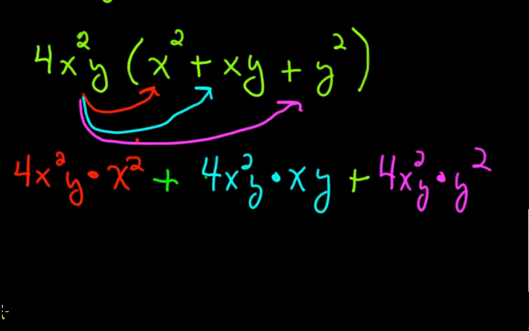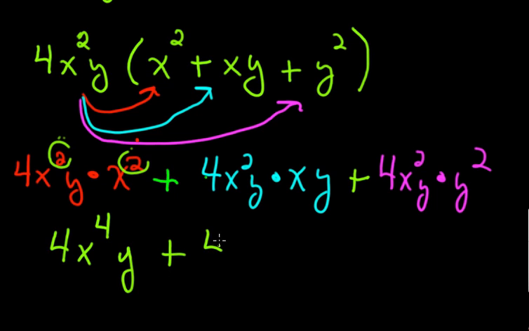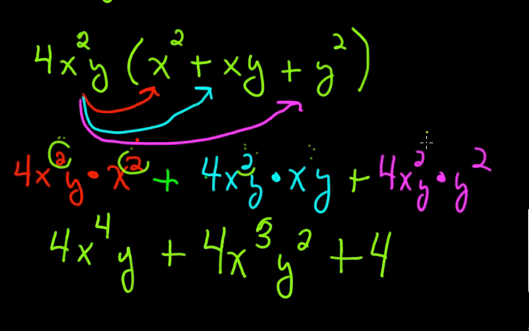See, I'll get this color thing down. 4x, now I only have two x terms here, they're both squared, so my exponent rule, x to the fourth, and a single y, plus 4, I have an x and a single x, that's x cubed, and I have two y terms, y squared. 4, I only have one x term here, so that's x squared.